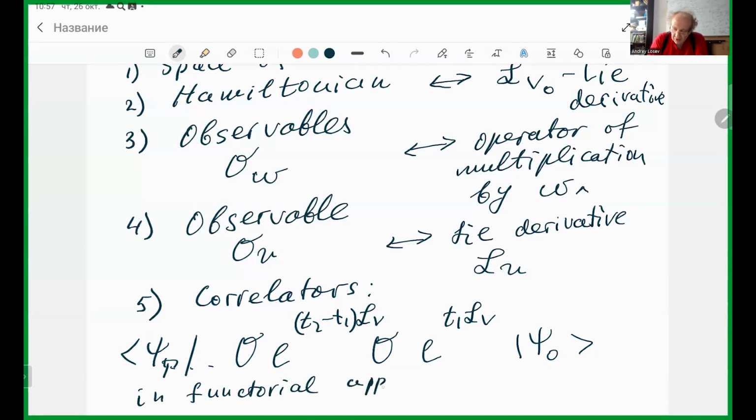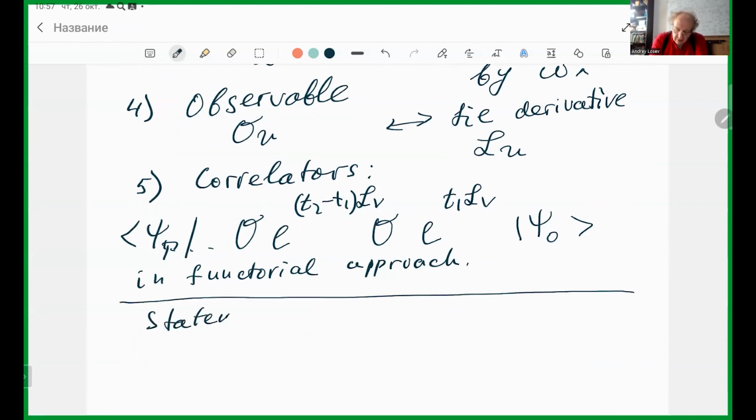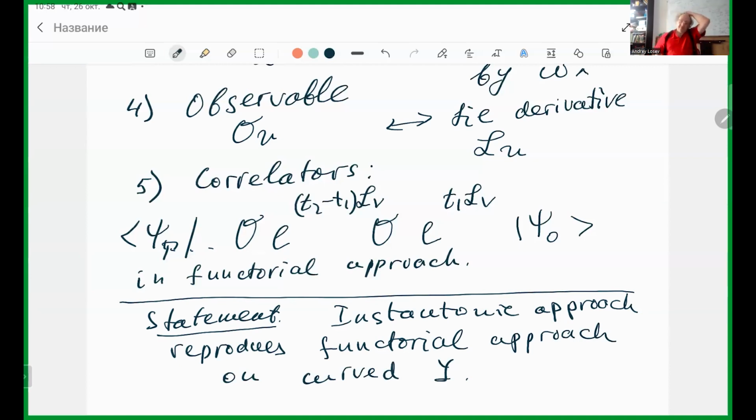In the functorial approach, the statement is that the instantonic approach reproduces the functorial approach on curved Y. I have not proven this, but I can illustrate this.